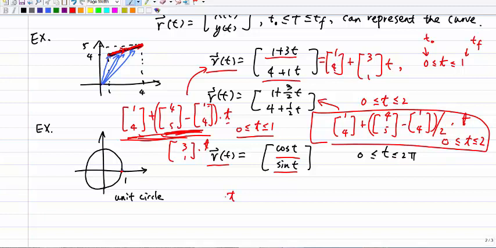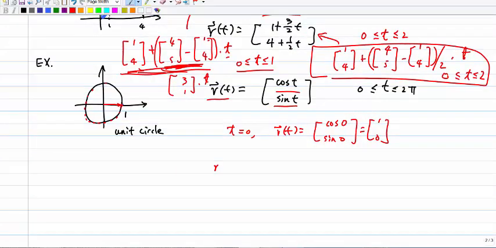Because if t is equal to 0, I have r(t) = (cos 0, sin 0), which gives us (1, 0), which is this point, because x is 1 and y is 0. So this is my vector. If you keep letting t go, it will cover every point over here until you reach the end. So this is also a representation of a circle.